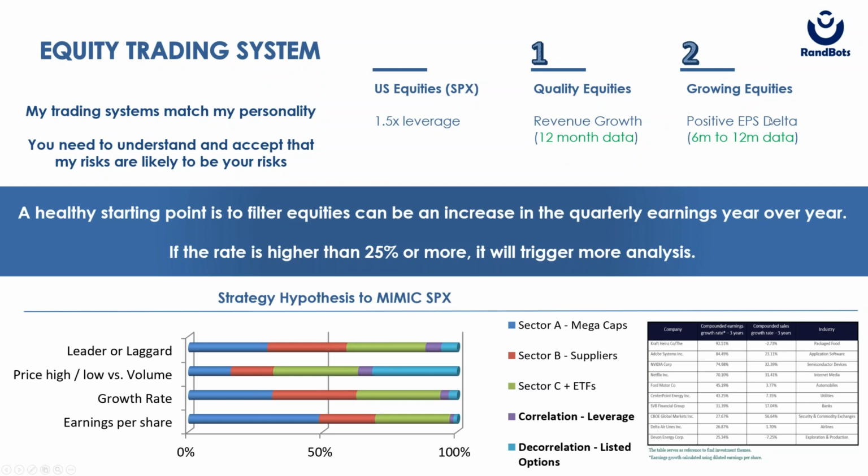And the second step is to focus on growing equities. For that, we will use the earnings per share ratio, which is quite famous for equities, and I'll review data from 6-month to 12-month periods. I will use step 2 after I get the first filter in what I call quality equities.